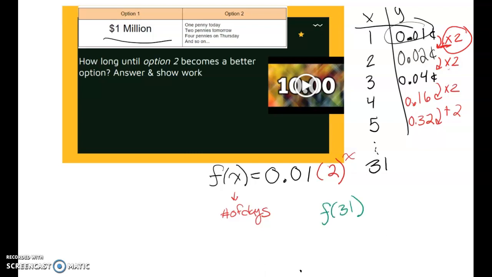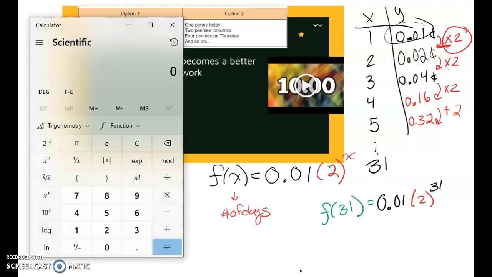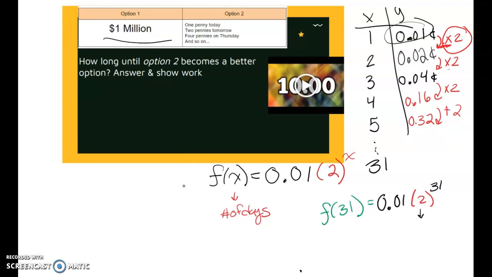Or how many dollars? Because remember, after a certain point, our pennies turn into dollars and cents. So now we have 0.01 times 2 to the power of 31. Remember, 31 is our days. So if I have 2 to the power of 31, that's going to be a lot of money.